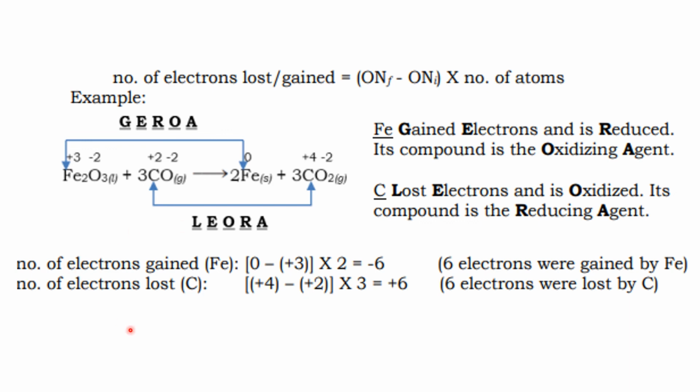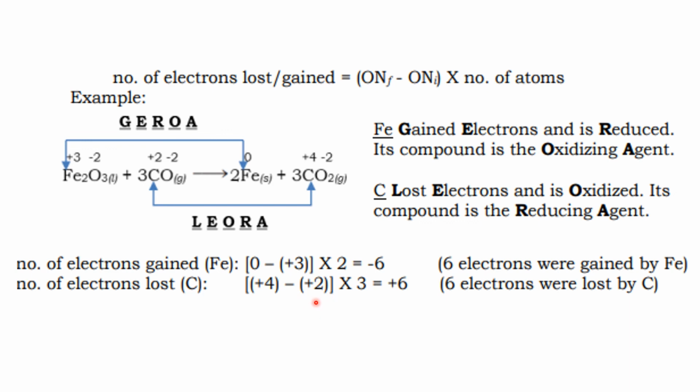For the number of electrons lost, we have identified that carbon is the one that did undergo oxidation. So we calculate the number of electrons lost by using the same formula, final oxidation number of carbon. So in the right side, we have positive 4 minus the initial positive 2.